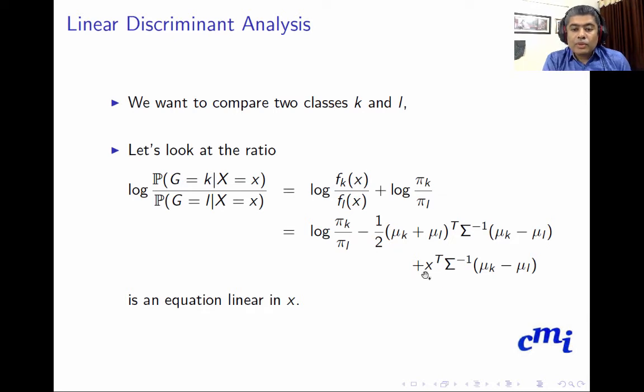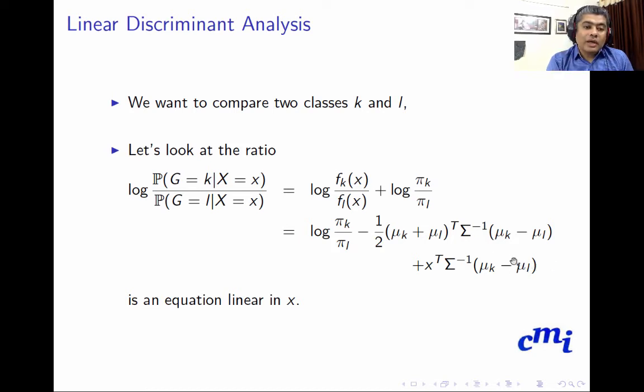Now the sigma inverse times mu_k minus mu_l behaves like a coefficient vector, so x transpose of your coefficient. So the entire term is a bias plus x transpose omega, where omega is sigma inverse times mu_k minus mu_l, the difference between mu_k and mu_l.